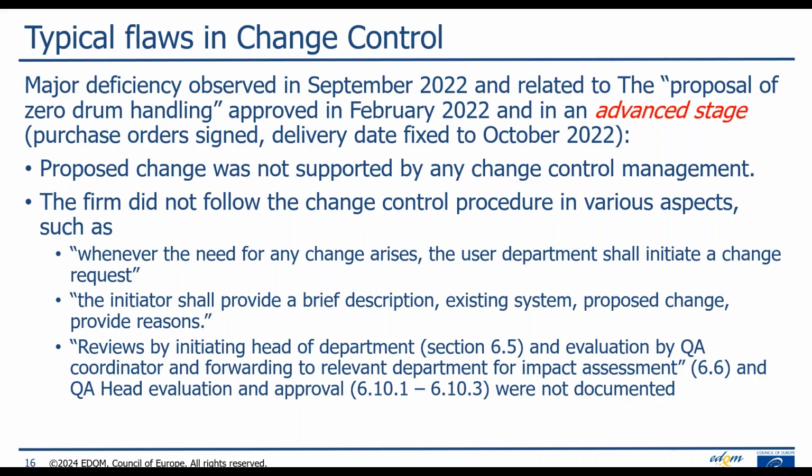In September 2022, as she mentioned, we resumed inspections in India, and this was, I think, one of the first sites we inspected. A very interesting proposal of zero drum handling was made, because when we went on site, we saw that drum handling on API sites is always a little bit problematic in terms of cleaning, maintenance, dedication, etc. The firm wanted to overcome these issues by having no drums at all.